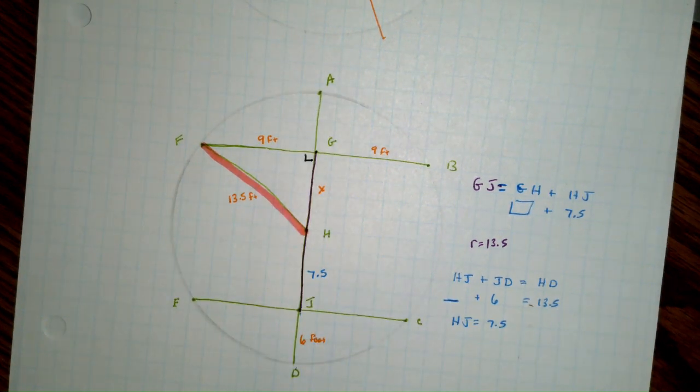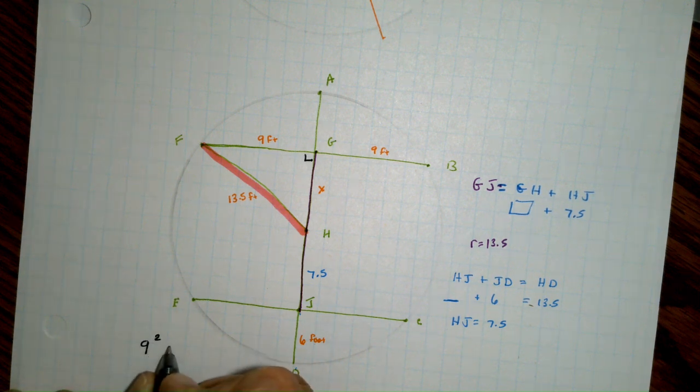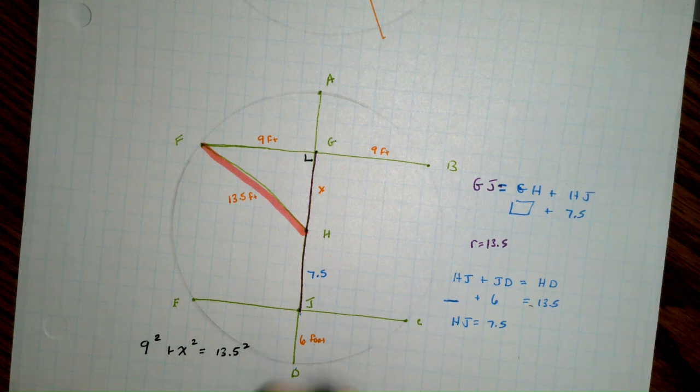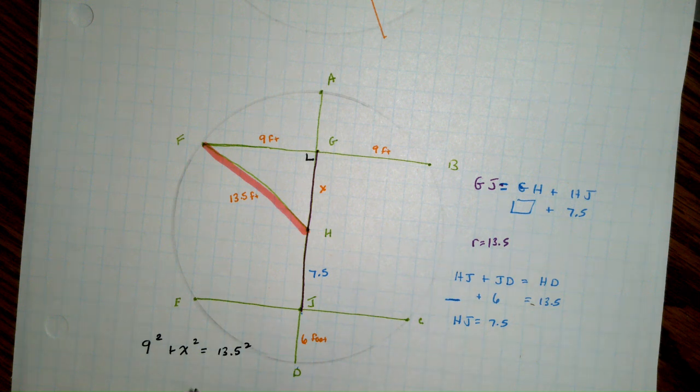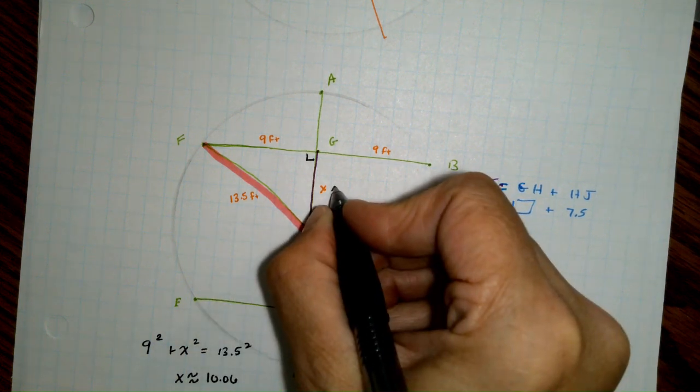That tells us we have a right triangle. And we can do leg squared plus leg squared equals hypotenuse squared. Okay, so you can go ahead and solve that and you'll find out that x is approximately 10.06.